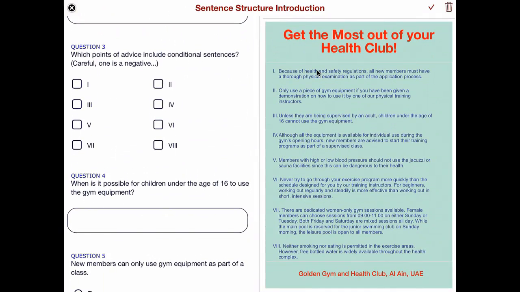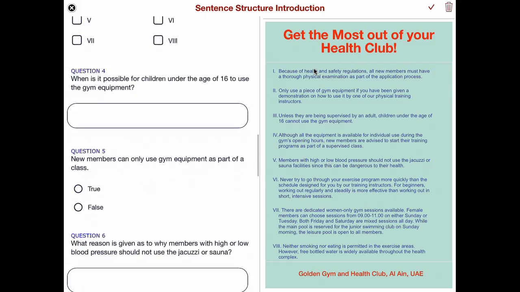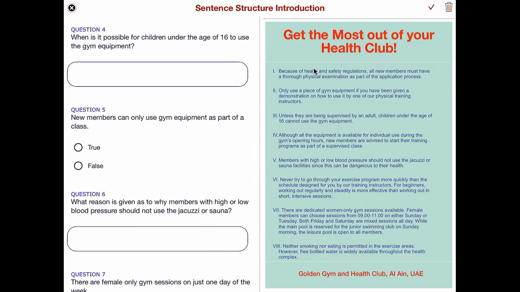Which points of advice include conditional sentences? It says careful, one is a negative. And so that is 2 and 3. When is it possible for children under the age of 16 to use the gym equipment? Okay, under the age of gym equipment.